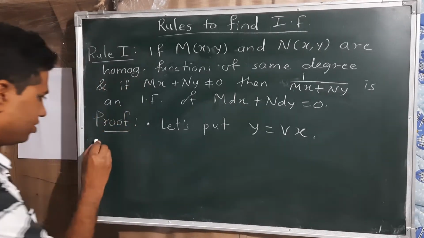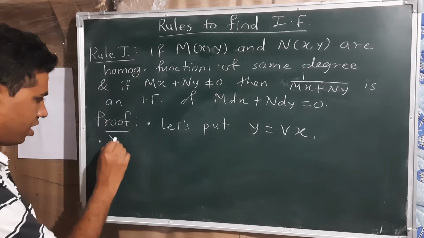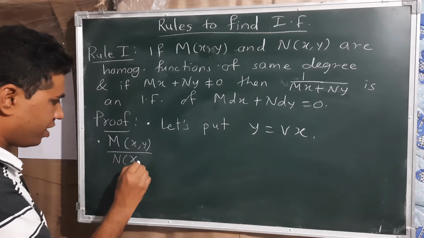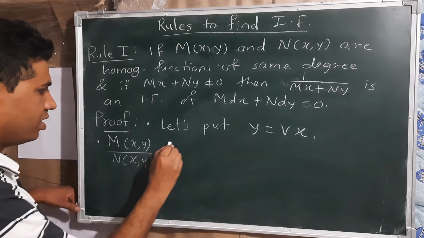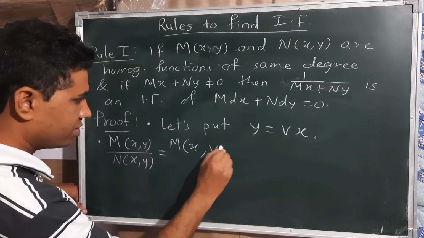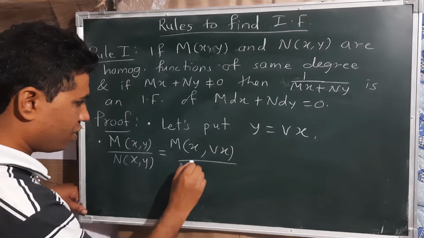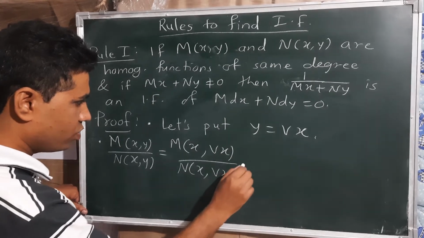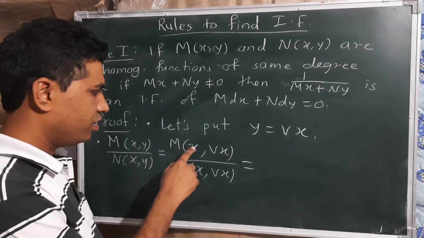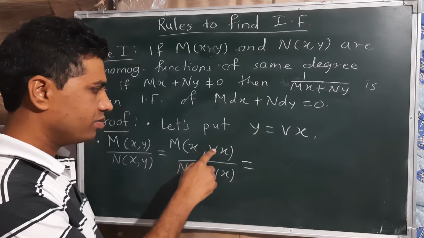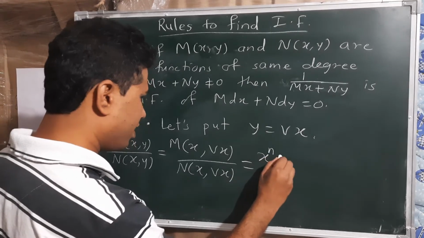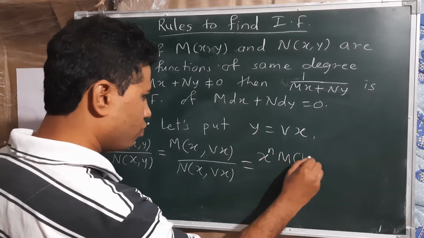So that M of x, y divided by N of x, y will be M of x, vx divided by N of x, vx. Now this is M of x into 1 comma v, so it should be x raised to n, M of 1, v.